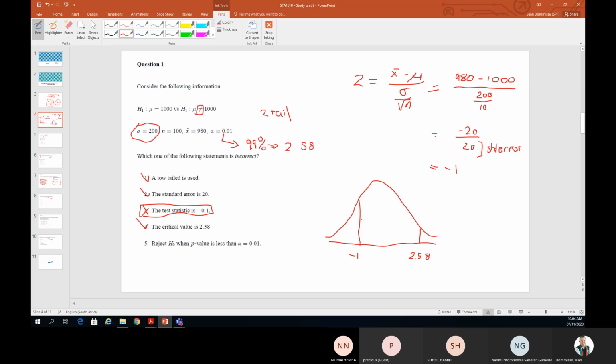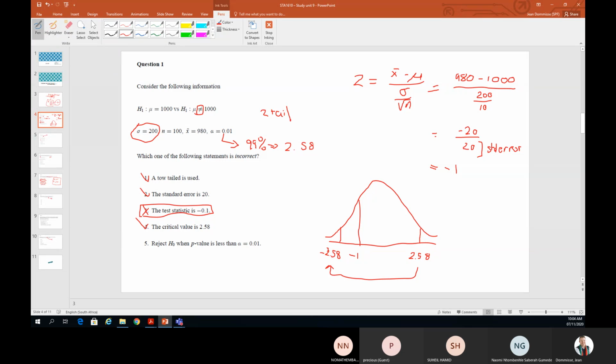We don't have the p-value, and we're not going to calculate it. But basically, because it is a two-tail, we could have just written that part in there as well, just to look at it.